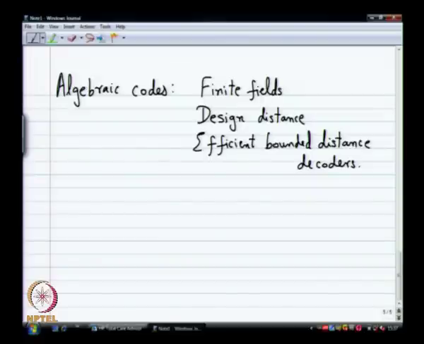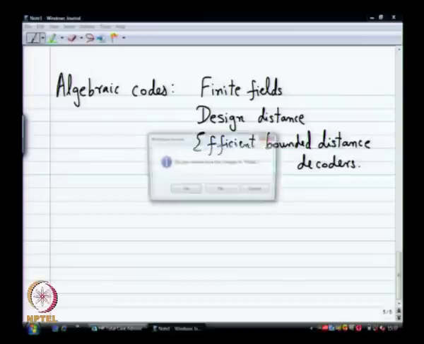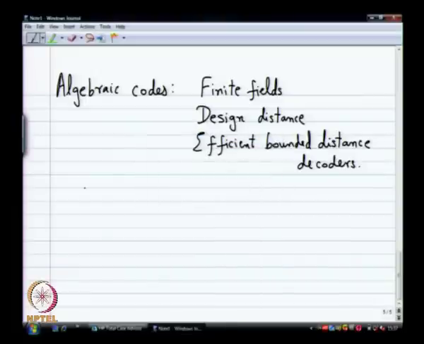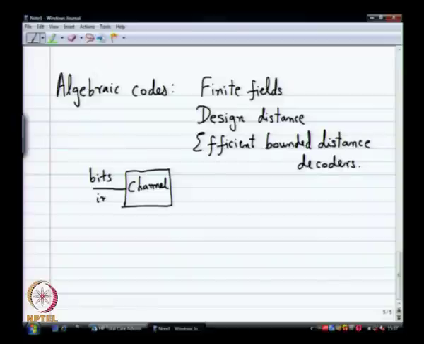So, for a long time the way people viewed codes was that you have a certain communication channel, okay, on which you have done a lot of work, so that you have bits going in and bits coming out.